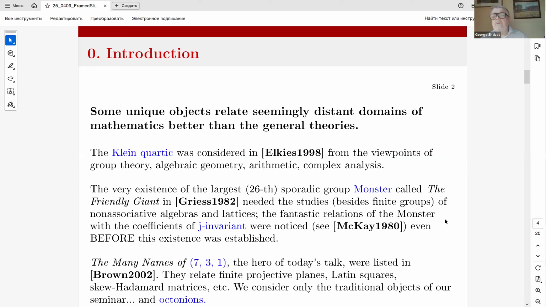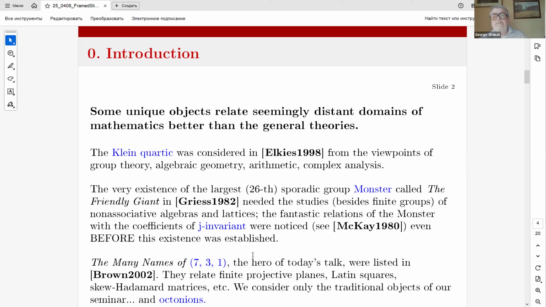It created lots of conjectures and considerations, and to the best of my knowledge, to this time there is no really popular exposition of the whole theorem. Therefore, and it is just one of the signs that we don't understand everything about the monster, and maybe even about the simple explanation of its existence.